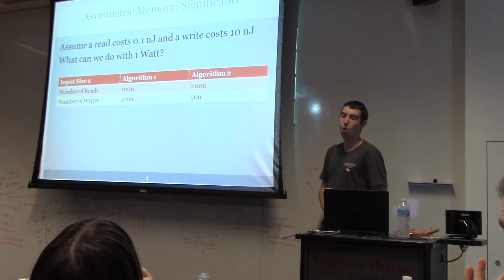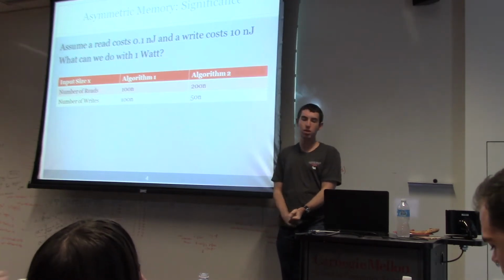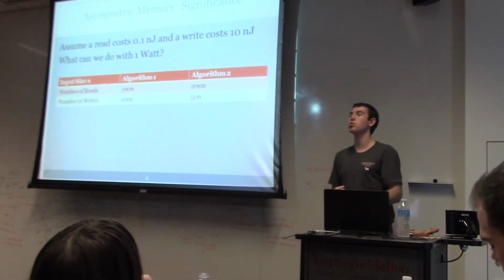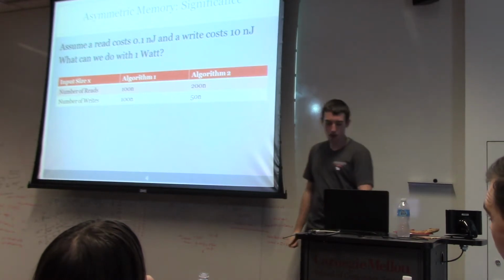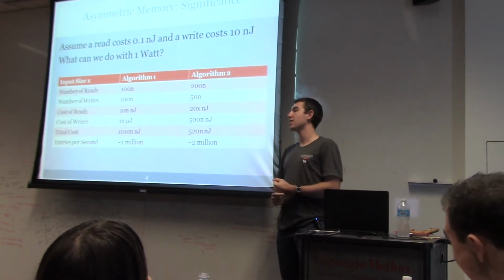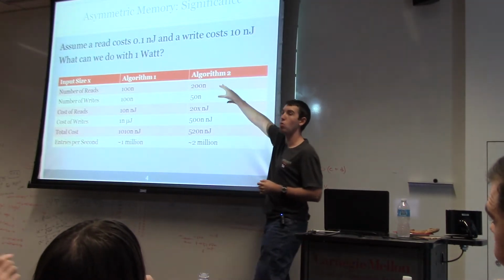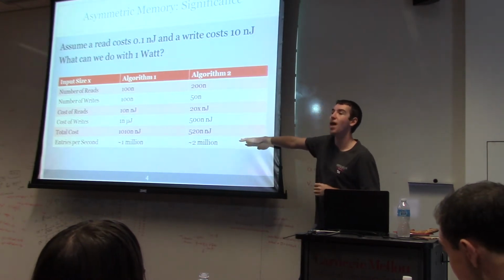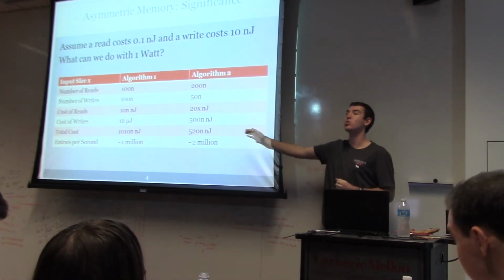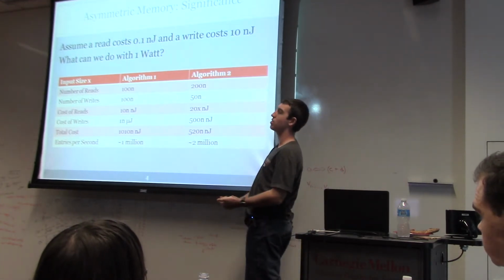One takes 100 reads per input and 100 writes per input. The other takes 200 reads per input and 50 writes per input. When you analyze this, even though the second algorithm does more total work, you can handle twice as many entries with the same amount of power. That's because of the asymmetry in reads and writes.